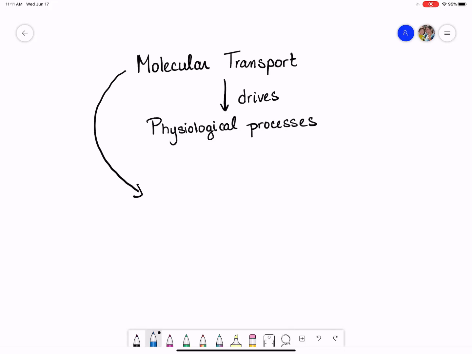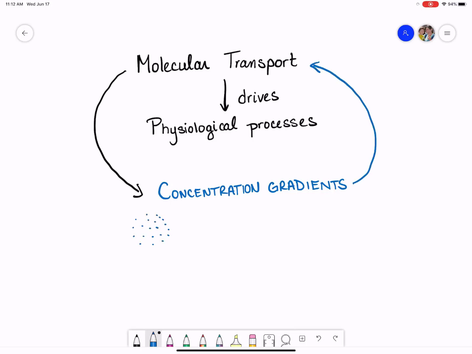But understanding molecular transport actually means understanding concentrations, and that is because substances move down their concentration gradient. Now that hopefully is a phrase you've heard before. What it really means is that substances naturally move from an area where they are more concentrated to an area where they are less concentrated.